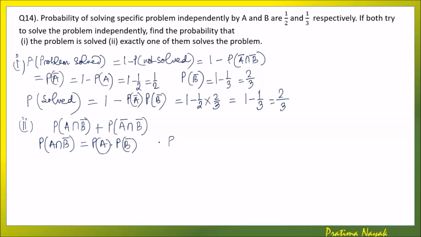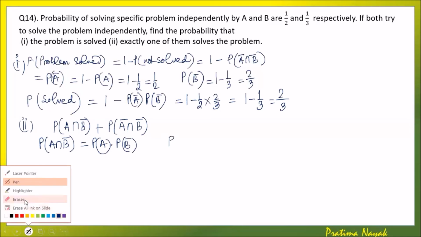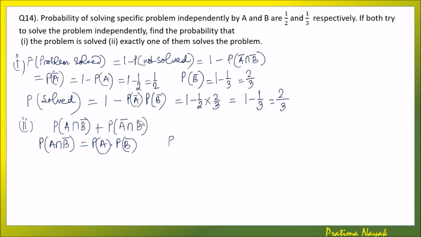And similarly, this will be B not, so it is equal to again the multiplication of P(not A) into P(B). So we have got not A not B, no problem.